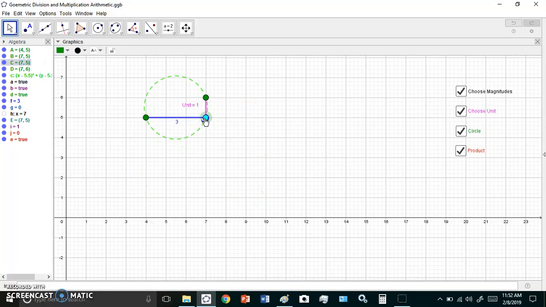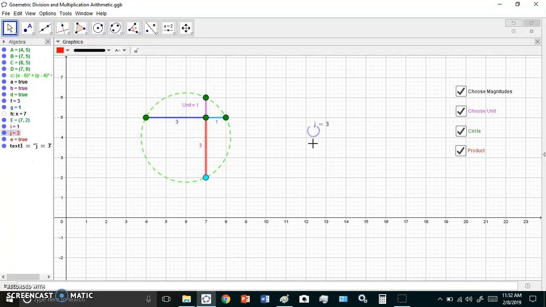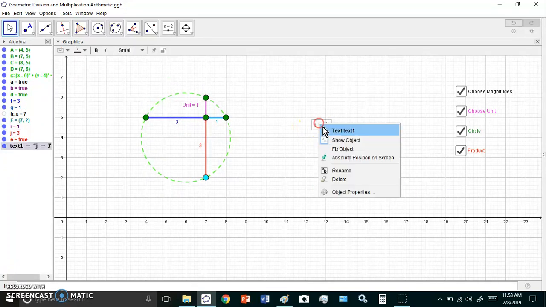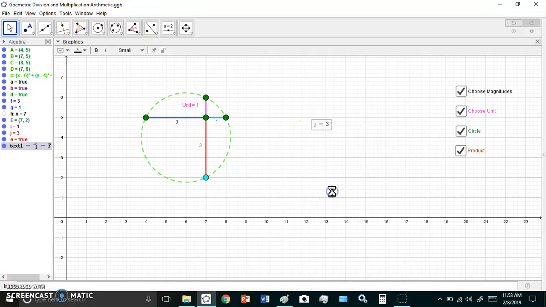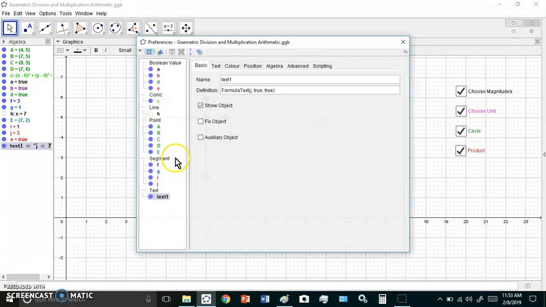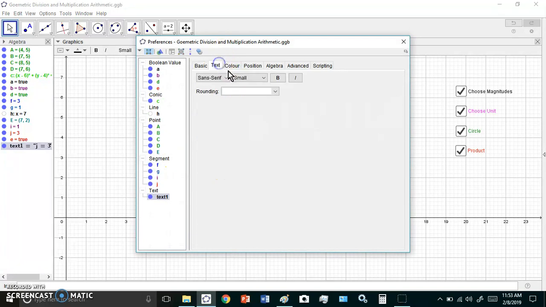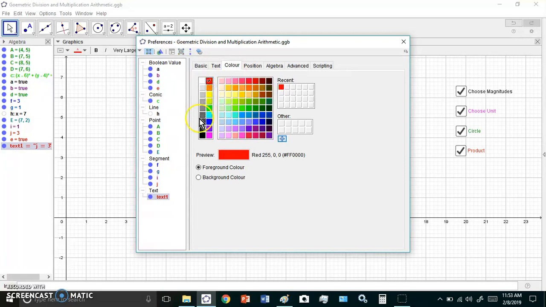And so it seems as if the multiplication is still correct, right? Because the multiplication here is this line here, j equals 3. Let's make it large, give it the color red, and make the background white.